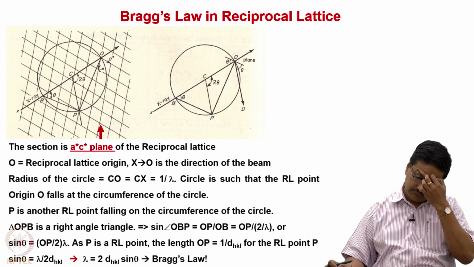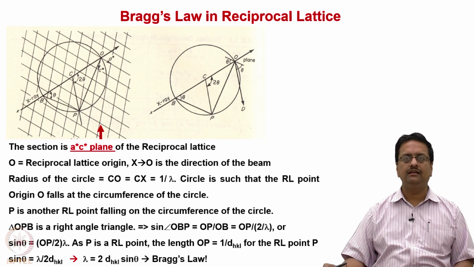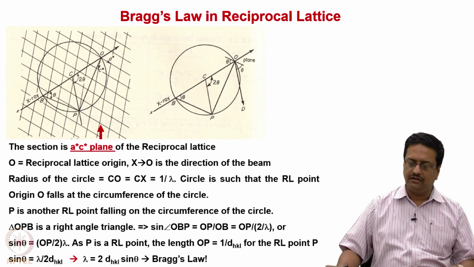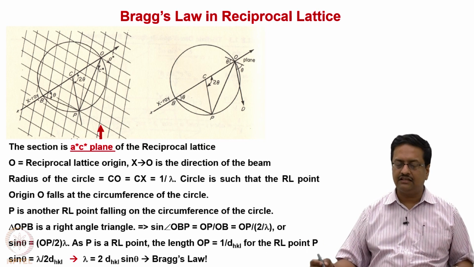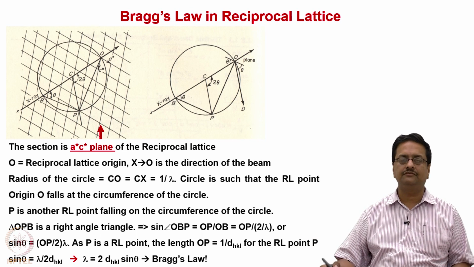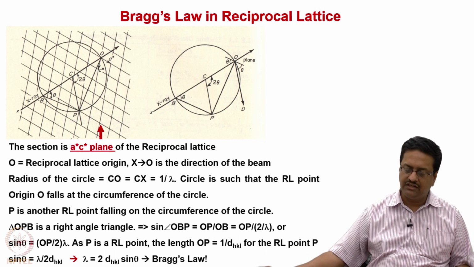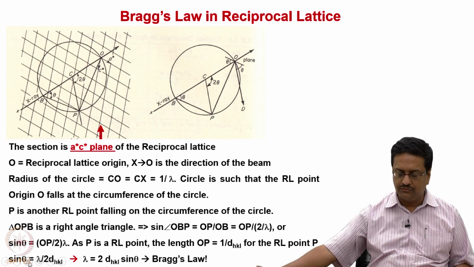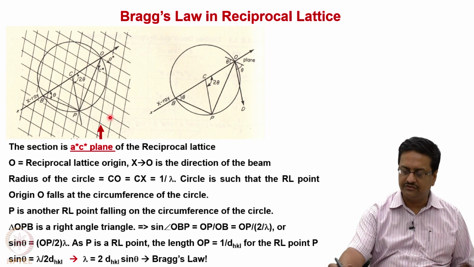Now let us see how we can visualize Bragg's law in reciprocal lattice. Here in the figure on your left, I have taken the section of the A star C star plane of the reciprocal lattice. So, the grid lines that are visible here correspond to the reciprocal lattice points.